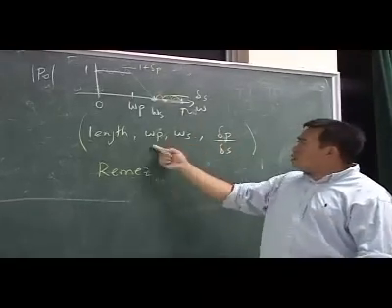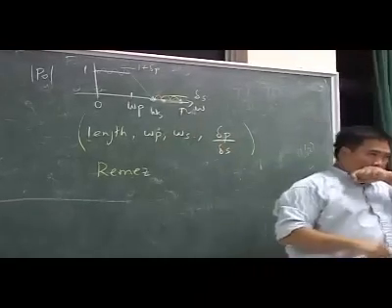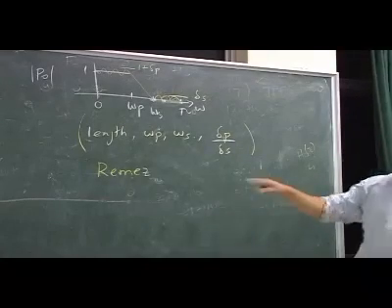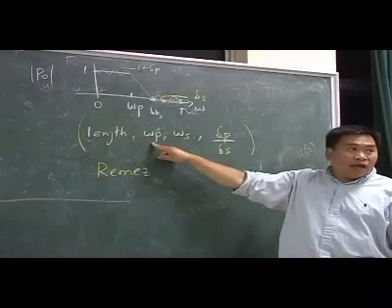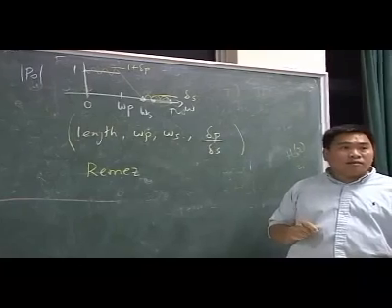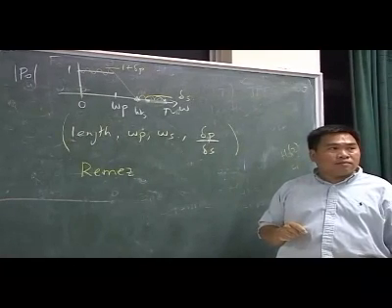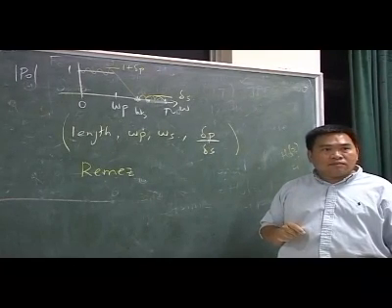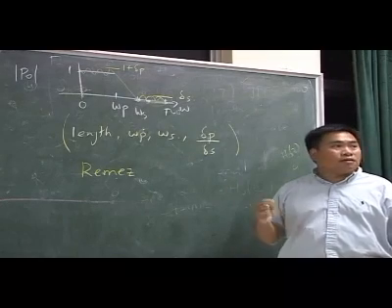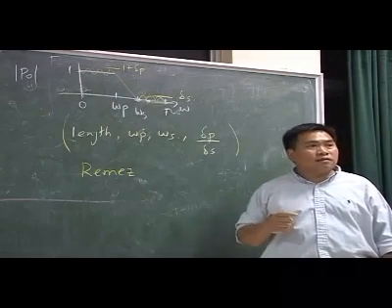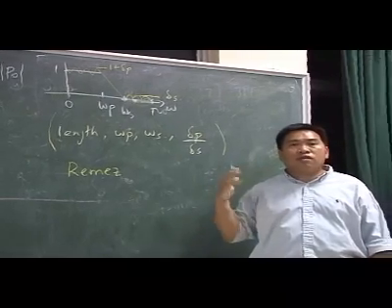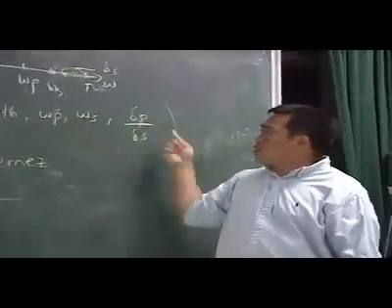Can this be arbitrary? Can I choose 0.1 pi and 0.7 pi? Why not? Somebody say no. Why not? Intuition. Why do you think that this cannot be arbitrary?